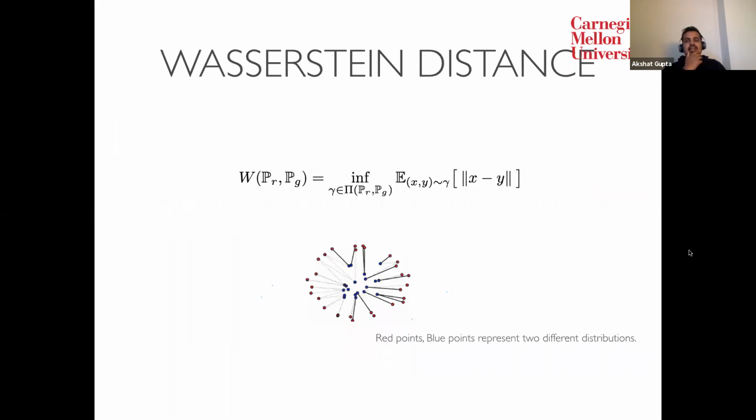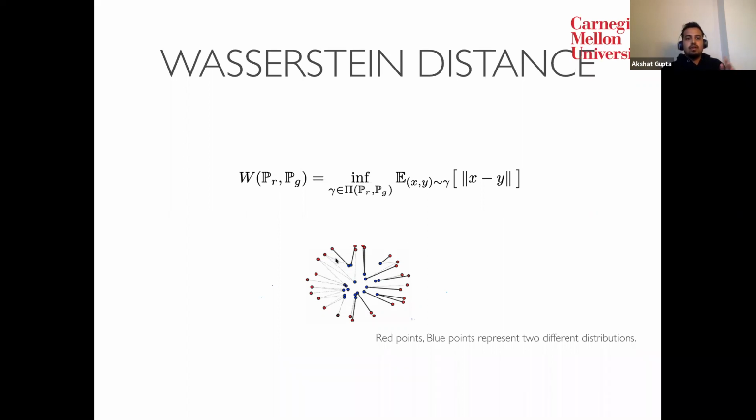Mathematically, we want to calculate the expectation of x minus y. There are different metrics used in calculating the Wasserstein distance. To be able to shift the red points to the blue points and calculate that distance, we need some distance metric to measure the distance between the red and the blue points.